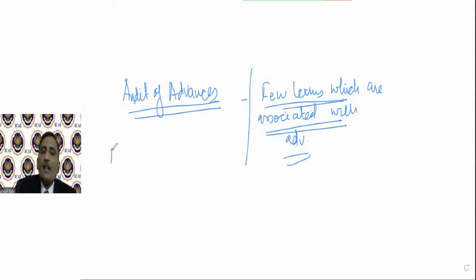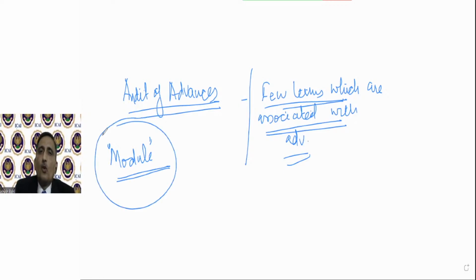These terms are there in your module also, but I am going to explain this beforehand, so that when we come to your module for studying the topic of advances, your link is not broken. So that you have already understood those terms, so you are not confused and you can understand the things properly.